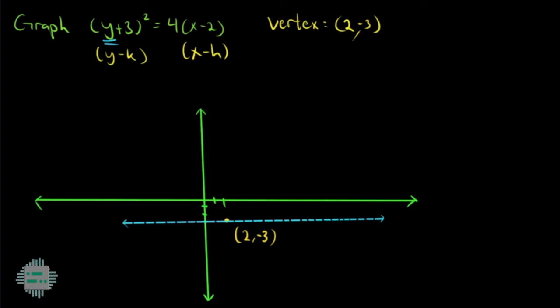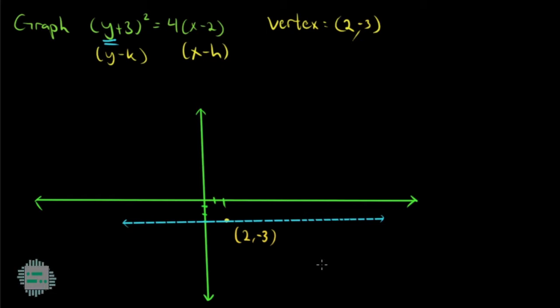Yung possible openings na kanina, pinoproblema ko dahil 4, pwedeng up or downward to the left and to the right. Ngayon, 2 na lang. Since the axis of symmetry is horizontal, yung possible openings ko na lang can be to the left or to the right. Now, alin sa dalawa? Paano ko malalaman yon?